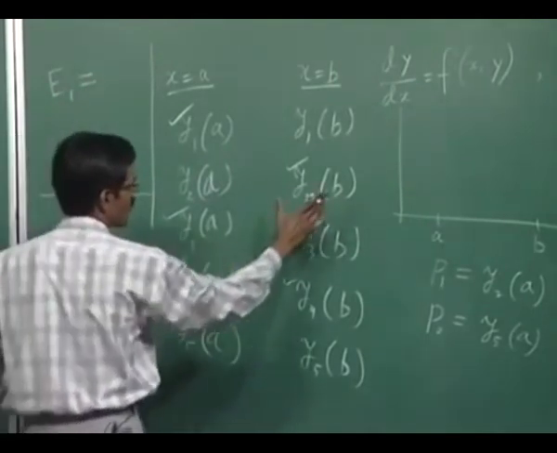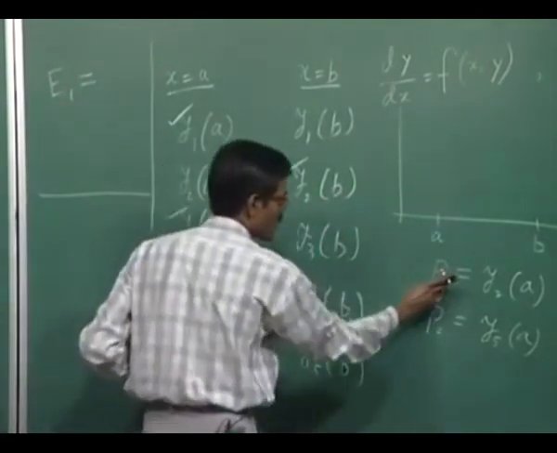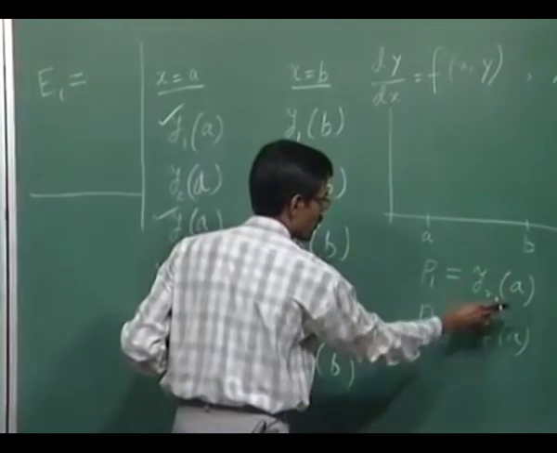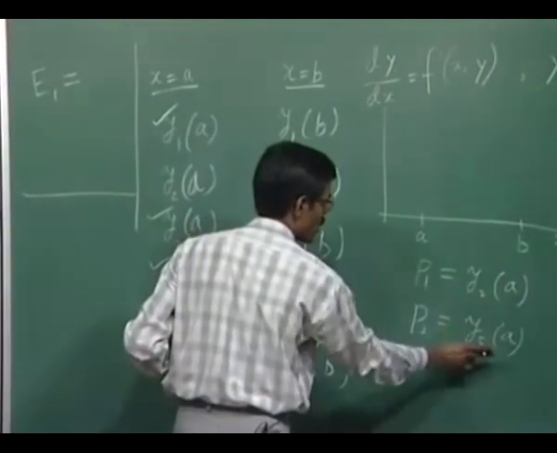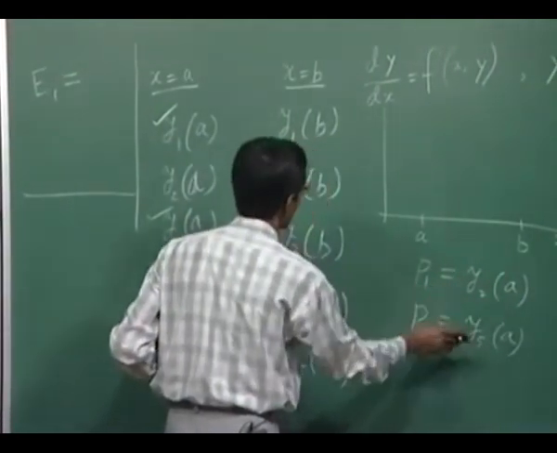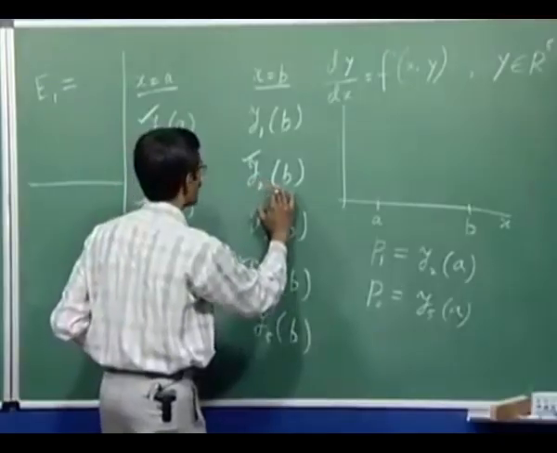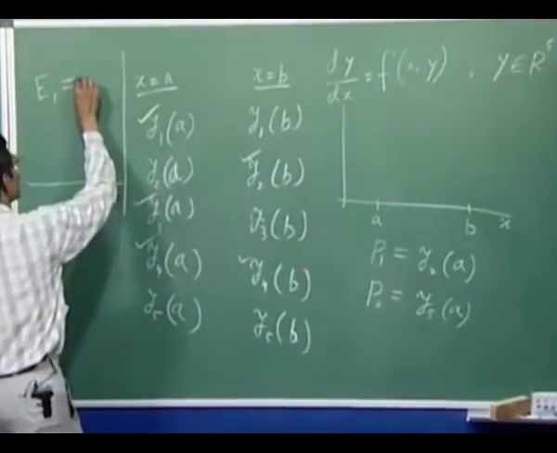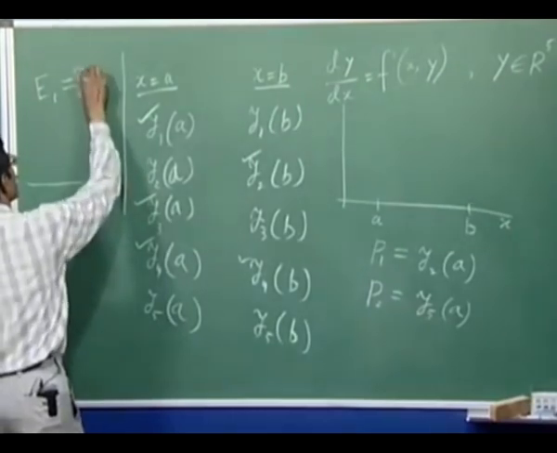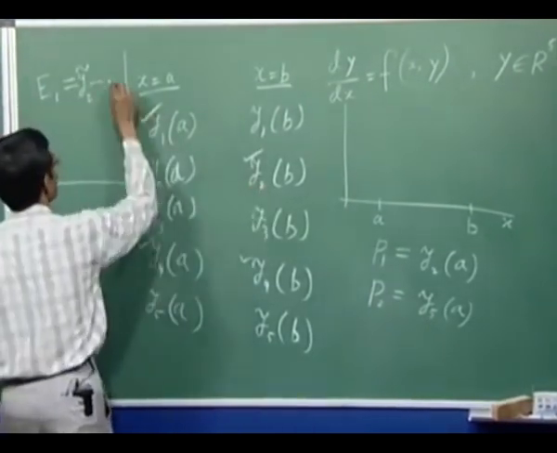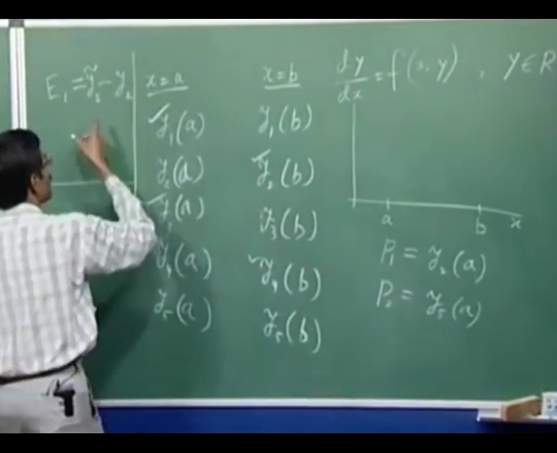First error is the error in this. So, with these guesses for the 2 unknown state variable values at x equal to a, the initial value problem that we have solved gives the value of y2 here as y2 tilde, and the true value is this at b, right.